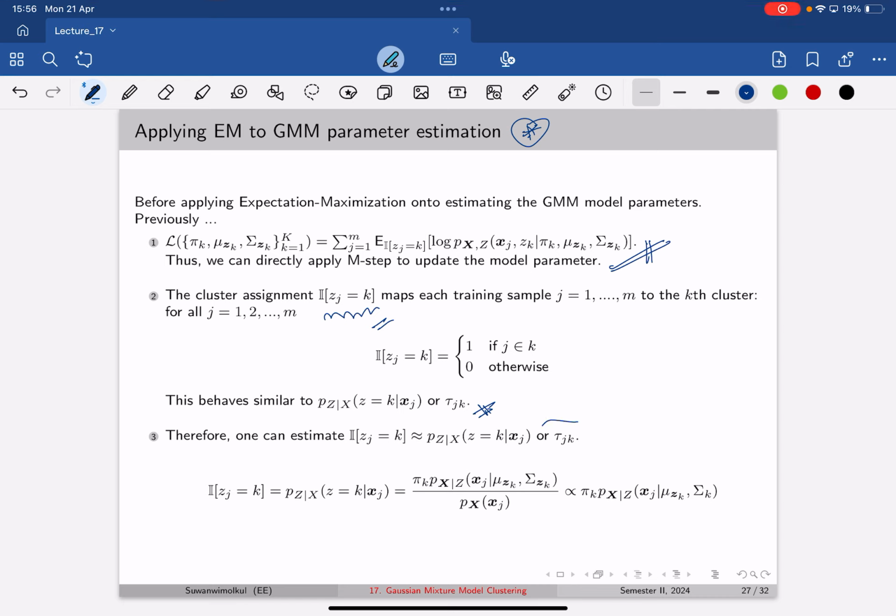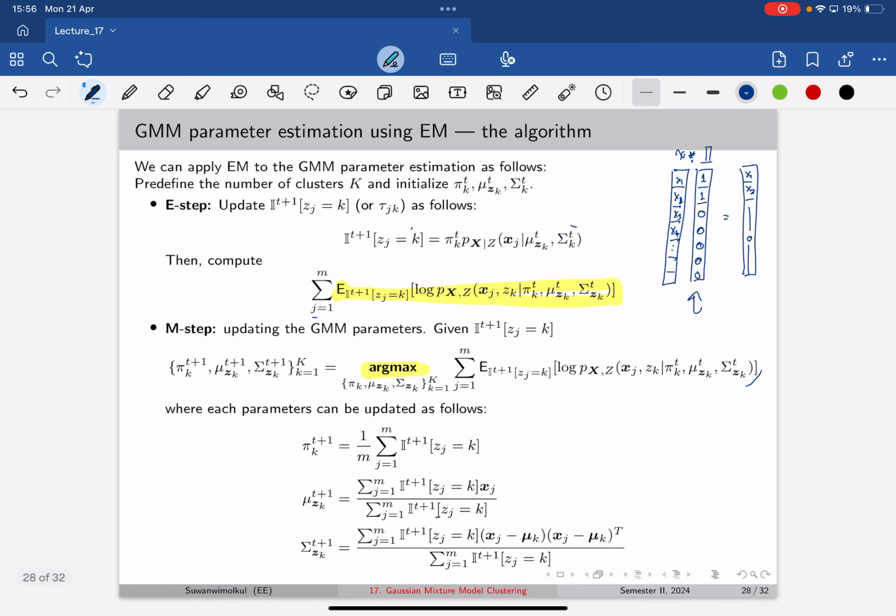Finally, since we have to estimate the tau jk, we know that once we have the model parameters, we can re-estimate the tau jk again. So everything here is put together as the following algorithm. So tau jk is equal to pi k times the probability of x given the cluster, over the sum.